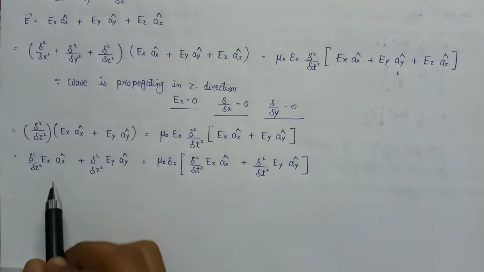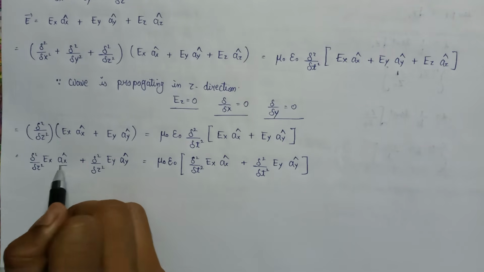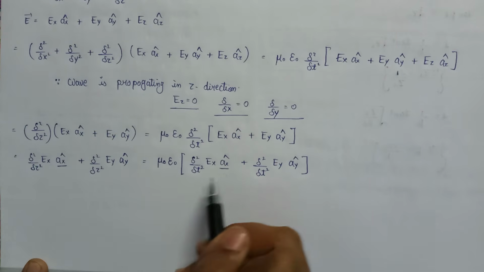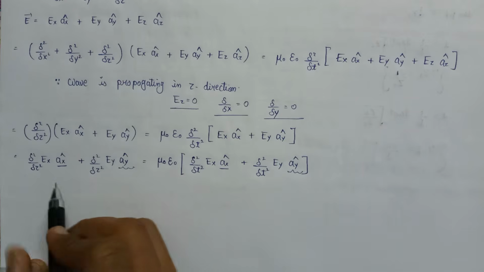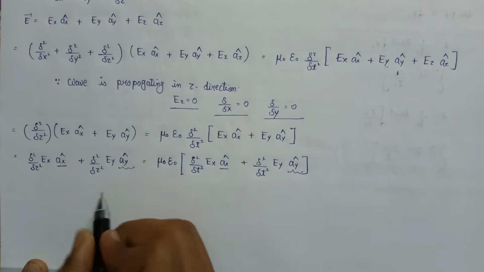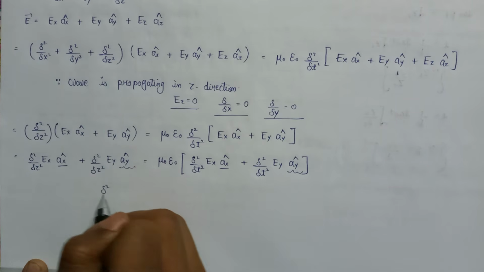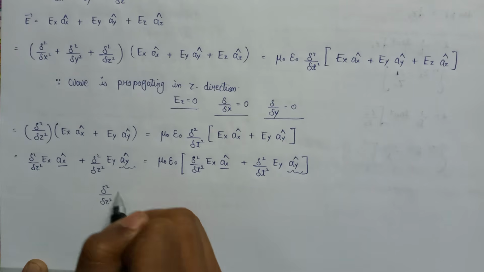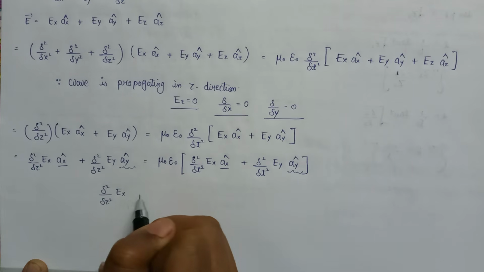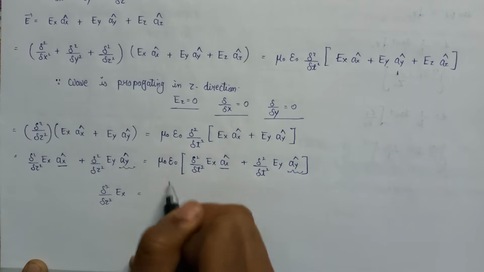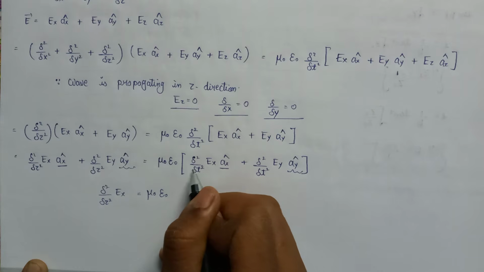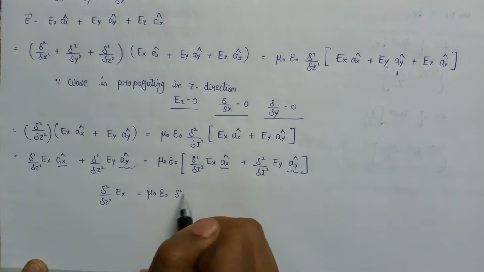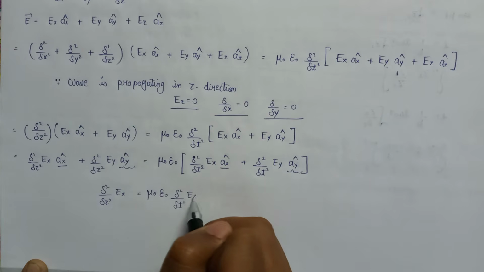Now on comparing the coefficients of Ax cap and Ay cap, firstly on comparing the coefficient of Ax cap, we get del 2 over del z square of Ex is equal to mu 0 epsilon 0 del 2 over del t square of Ex.